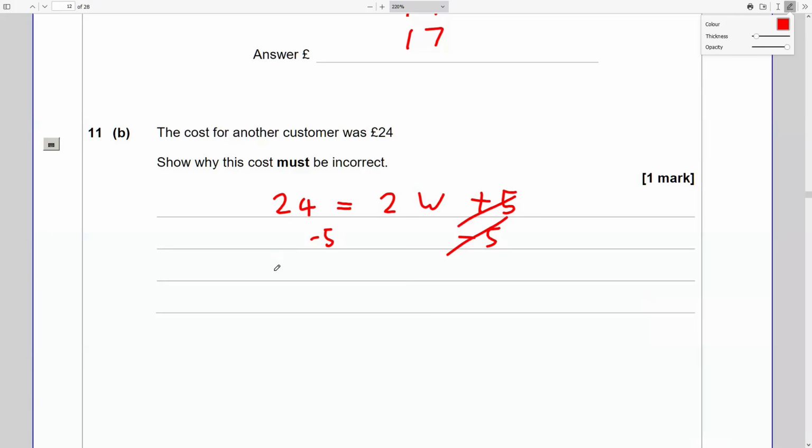So we end up with 19 equals 2W. Then we divide by 2. 19 divided by 2 equals 9.5 windows. Well, you don't get half a window. So 9.5 windows.